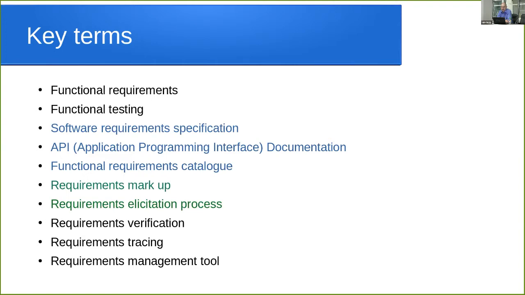Some examples are operating systems or software libraries. These functions are described somehow, but there aren't any requirements with unique identifiers, only some statements about the behavior of these functions. And these statements can be incomplete, ambiguous, and not as careful as the requirements in the software requirements specification.